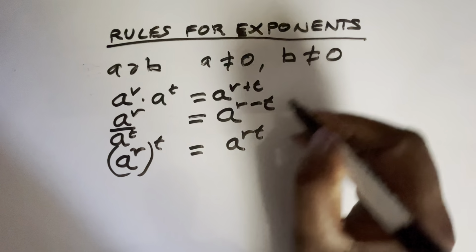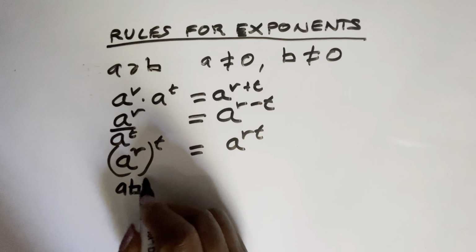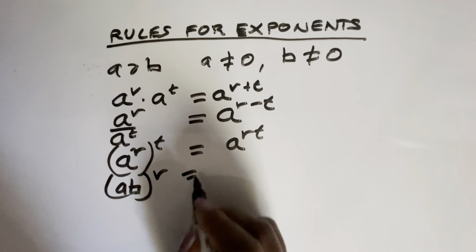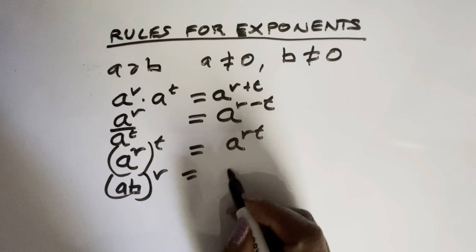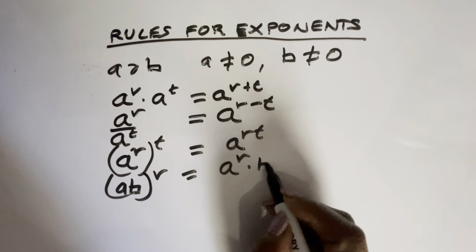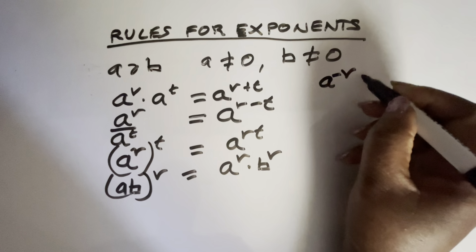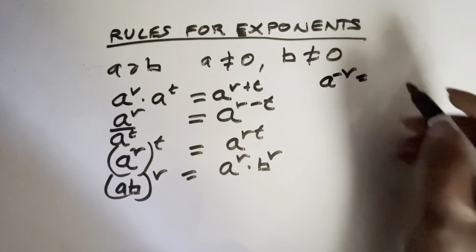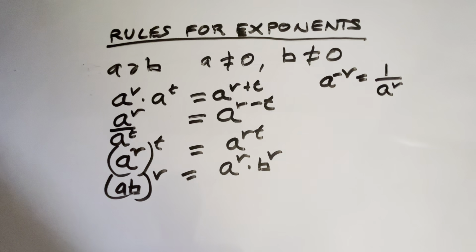And when we have ab to the power r, then we're going to take everything inside the parentheses and raise it to the exponent. So we'll have a to the power r times b to the power r. A to the minus r, we are going to have 1 over a to the positive r.